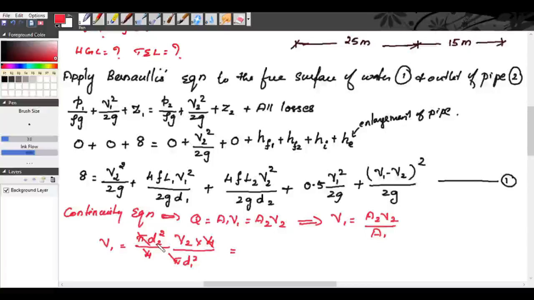So we know D2 is 2 times of D1, right? 2 times of D1 the whole square into V2 by D1 square. So we get 4 D1 square into V2 by D1 square, so it is 4 V2. So from which we get V1 is equal to 4 V2.